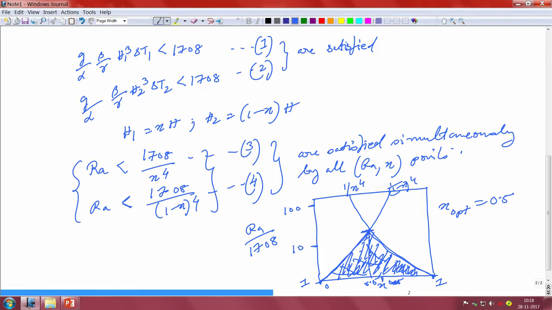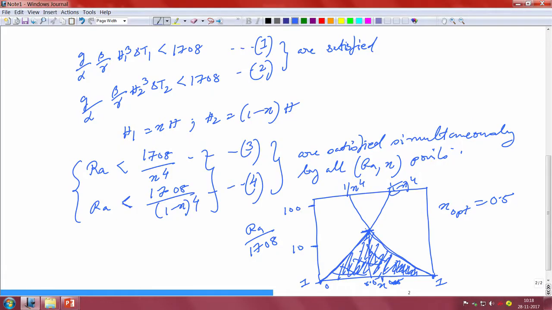All these regions will be satisfied for any other Rayleigh number. Try to understand that if your Rayleigh number is below these limits, you will satisfy them regardless, but the point is that we want the highest Rayleigh number at which this will be satisfied. So, the highest Rayleigh number peaks at around 0.5. You can have lower bounds also, that means you can have x in other locations also, so long as your Rayleigh number is below a certain value.